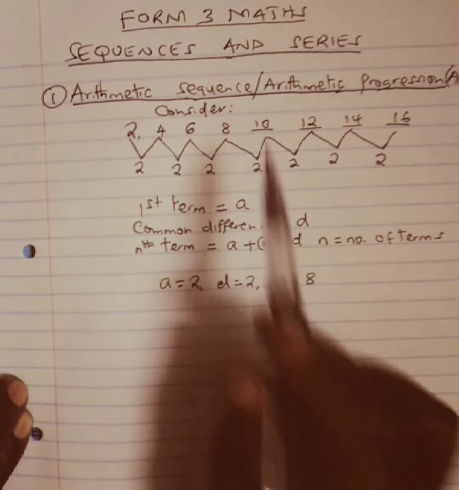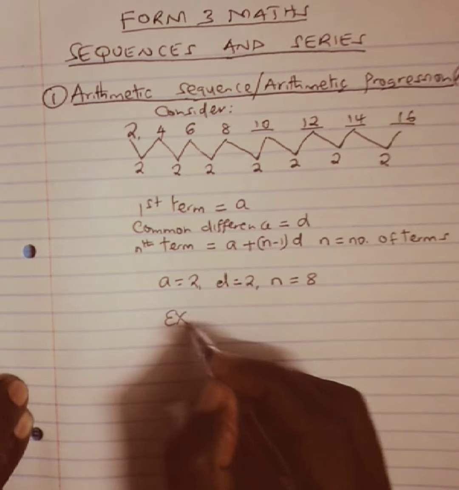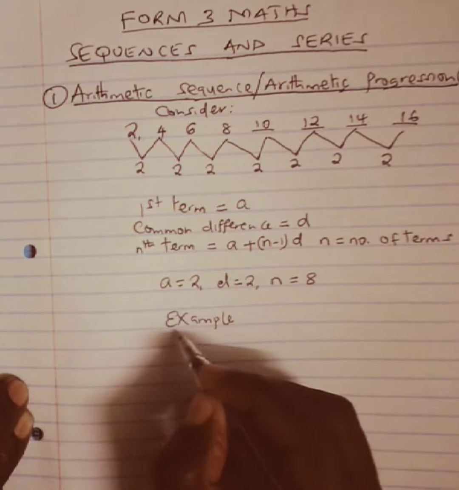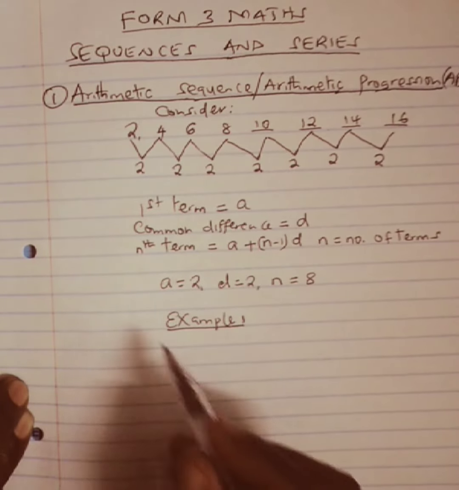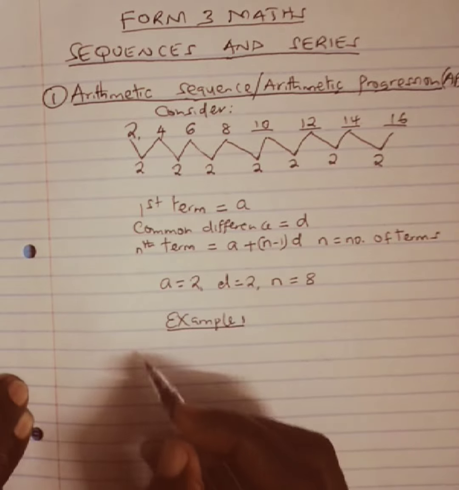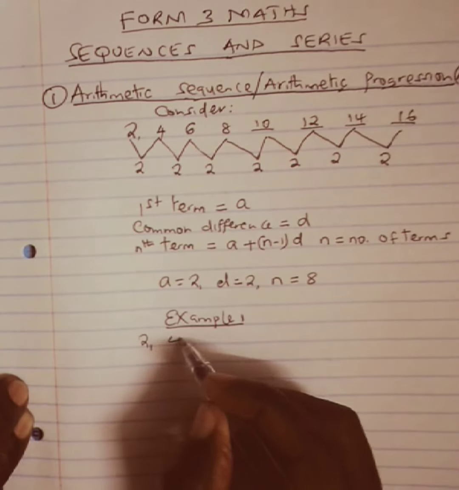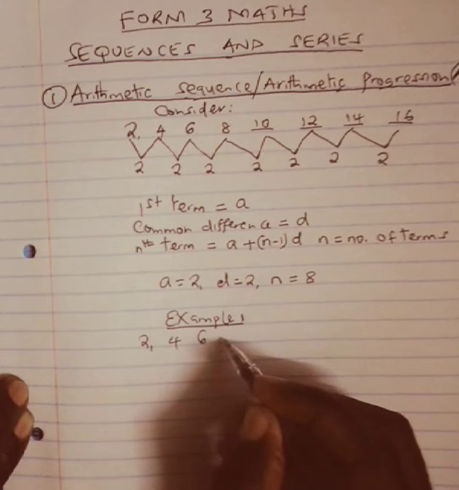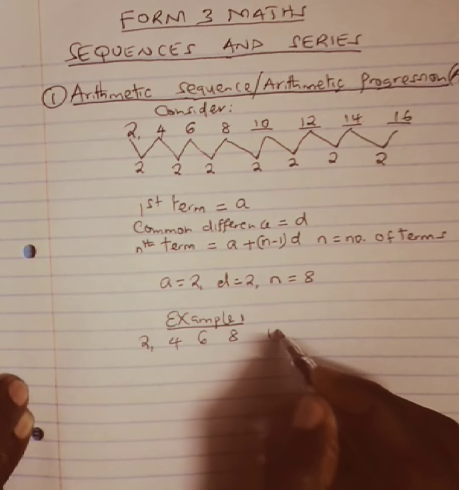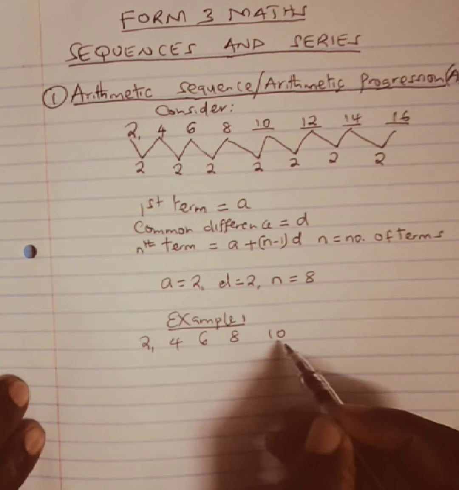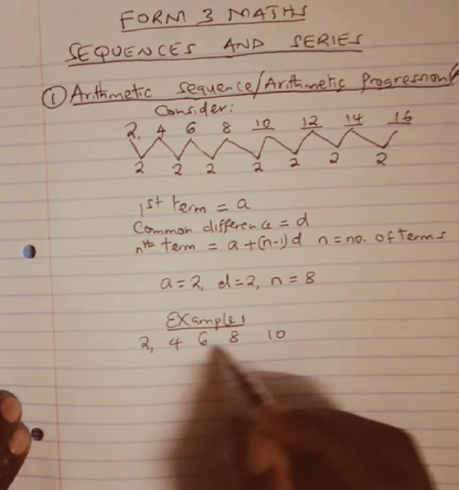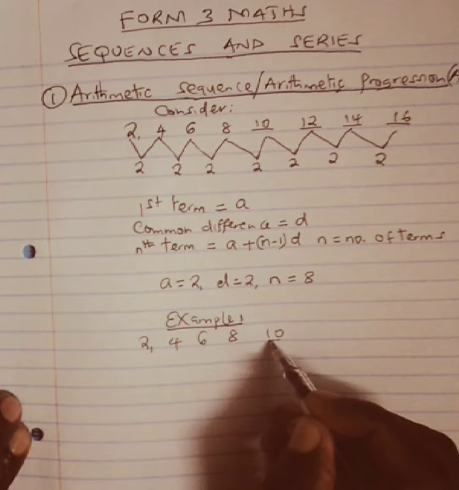So from this information, we can, for example, look at the following. If we call this example 1, and we split the sequence above to be 2, 4, 6, 8, and for example 10. The last term in this particular sequence is 10.